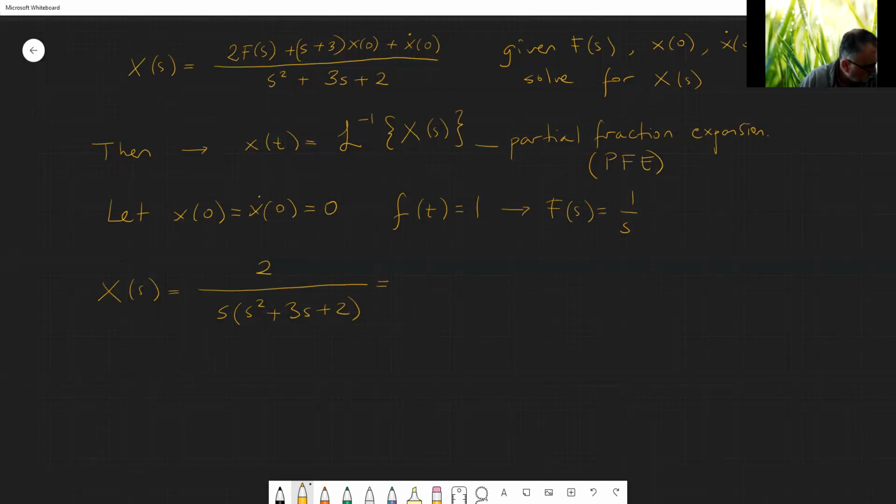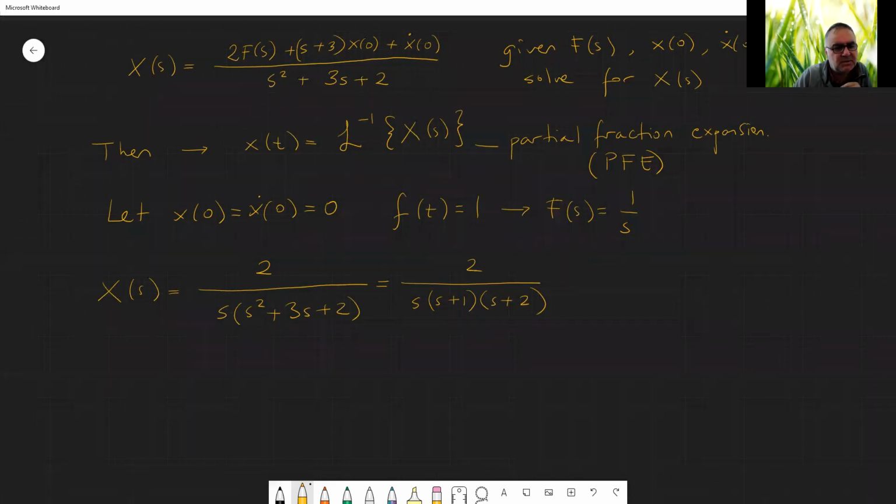Or you can write this as 2 over s times s plus 1 times s plus 2.